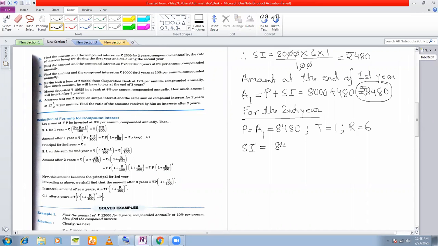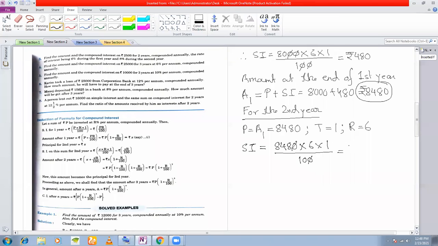So 8480 into R into T divided by 100 is equal to, now you can cancel here. Instead of cancelling with 10, you better keep 10 in the denominator, because 10 in the denominator will always be helpful.